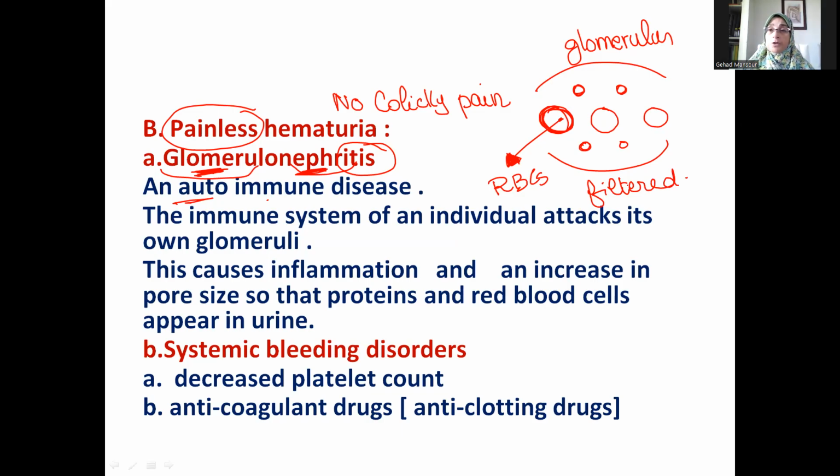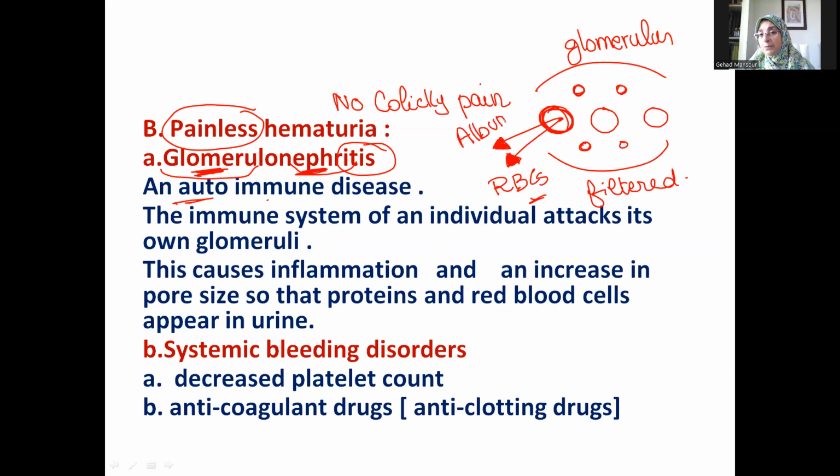But if the pores are enlarged because of autoimmunity, then they will appear in urine. Not only the RBCs, but also another type of particles that were prevented, which are the proteins. And on top of the plasma proteins that will now be allowed to be filtered unusually, we have albumin.